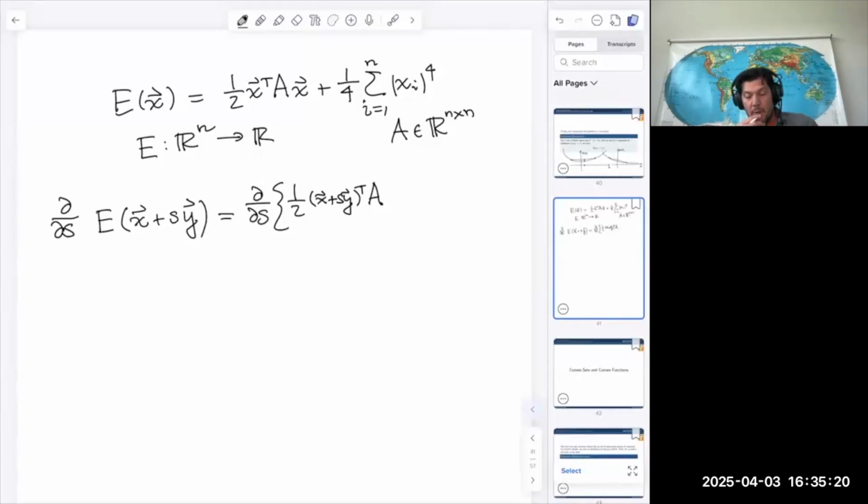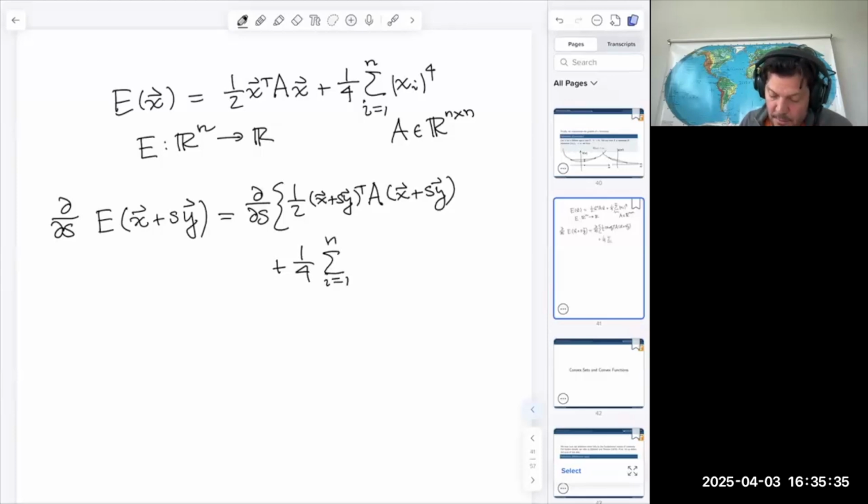That's it, nothing more than that for now. And we also have 1/4 sum i equals 1 to n of (x_i plus s y_i) to the 4th power.